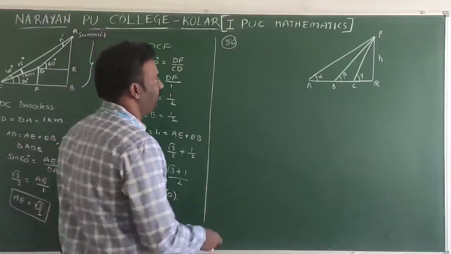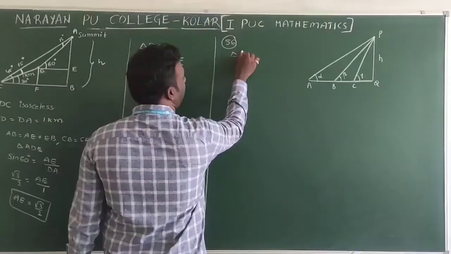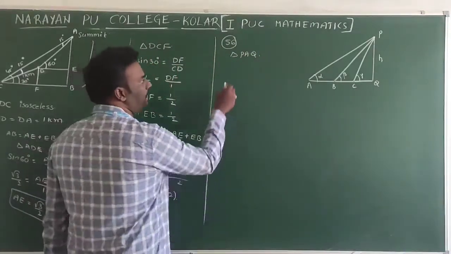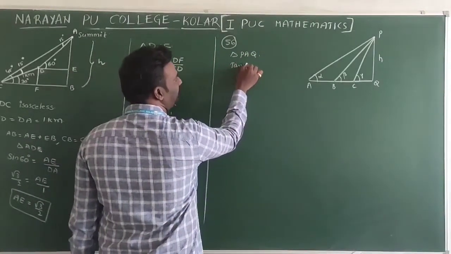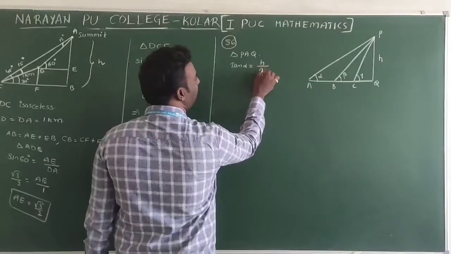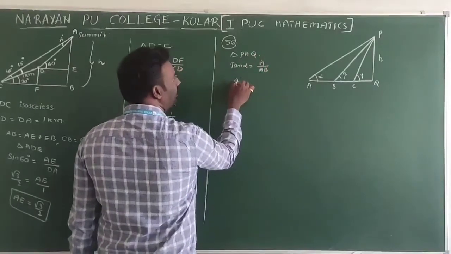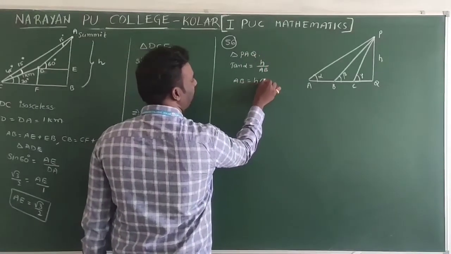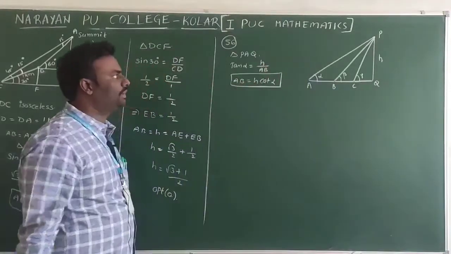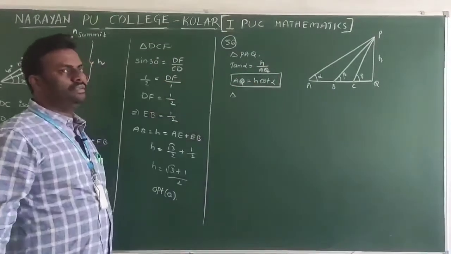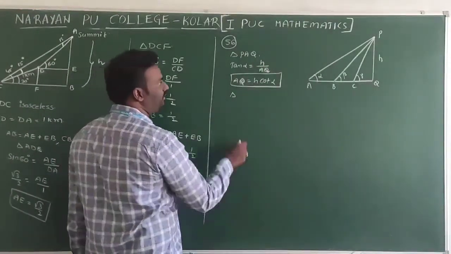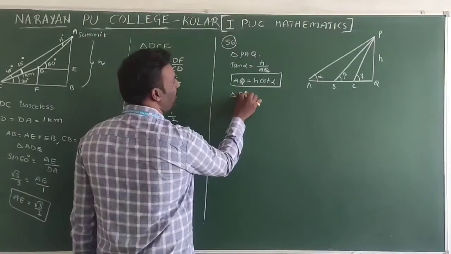Okay. First, I am taking the triangle PAQ. In PAQ I can write tan alpha is equal to H by AQ. Now AQ equals H cot alpha, or you can find it directly with cot alpha also, no problem. Next I am taking the triangle PBQ.